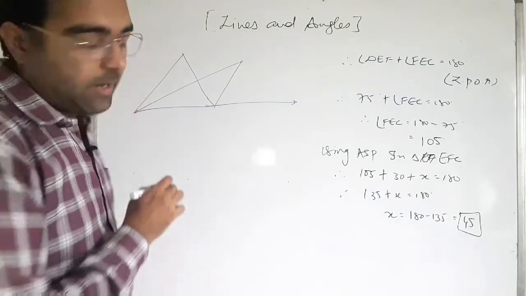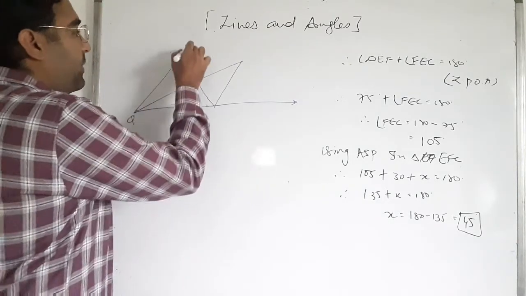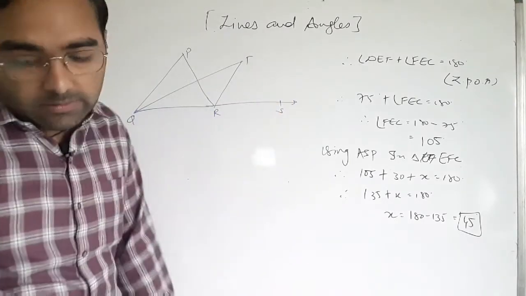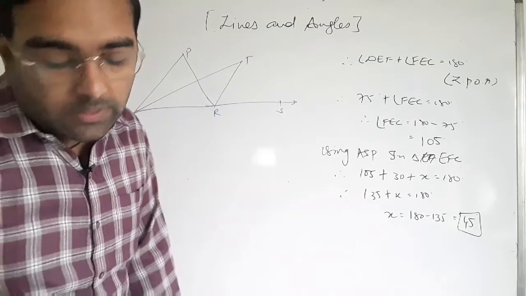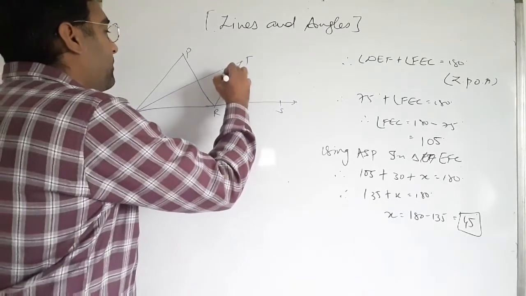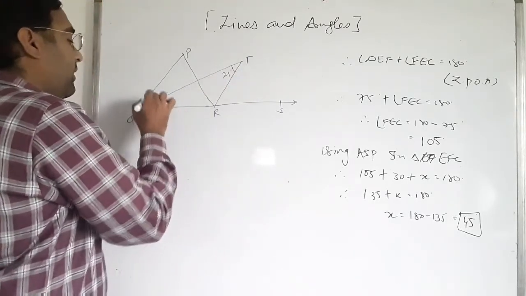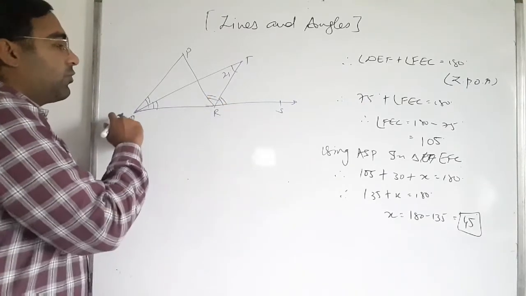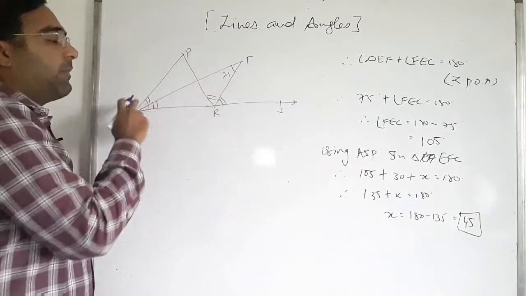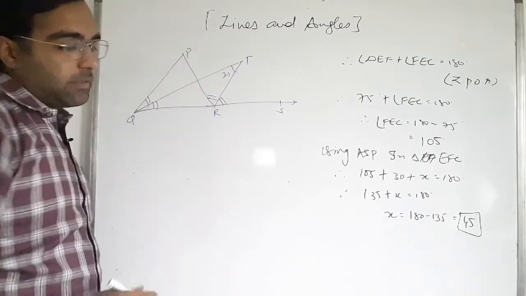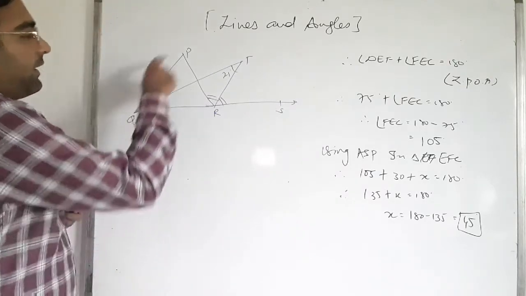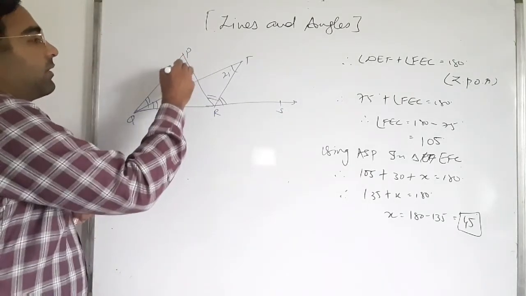So QPR and QTR, and here S. Here 21 degree is given, and QT and QR are the bisectors of PQR and TRS. Find the measurement of QPR.